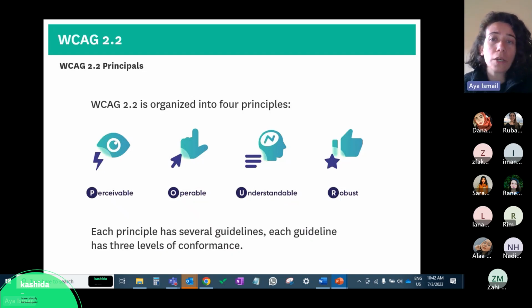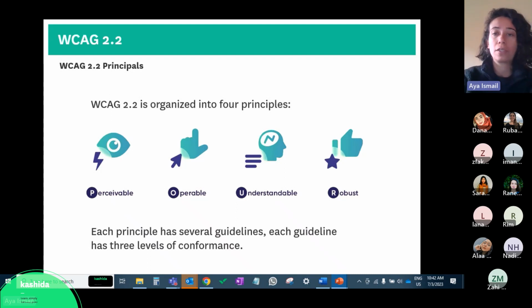And it needs to be robust. This is in the sense that any kind of information we're including needs to be able to be read by screen readers. So for example, I cannot put a picture of the text like this. If I put a picture of this slide, then a screen reader is not able to read it.